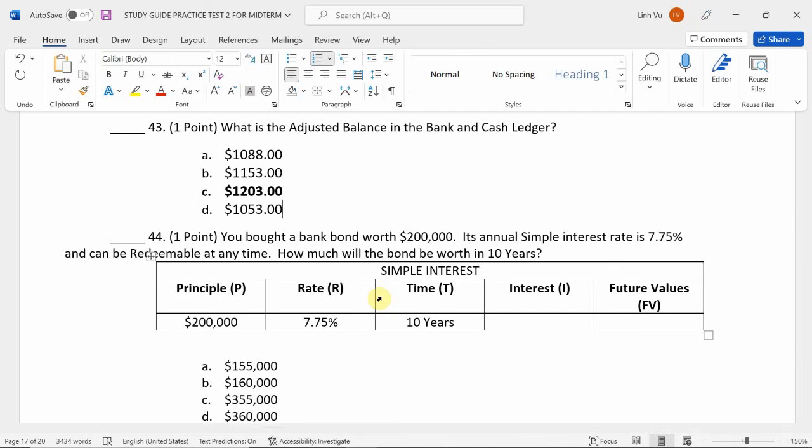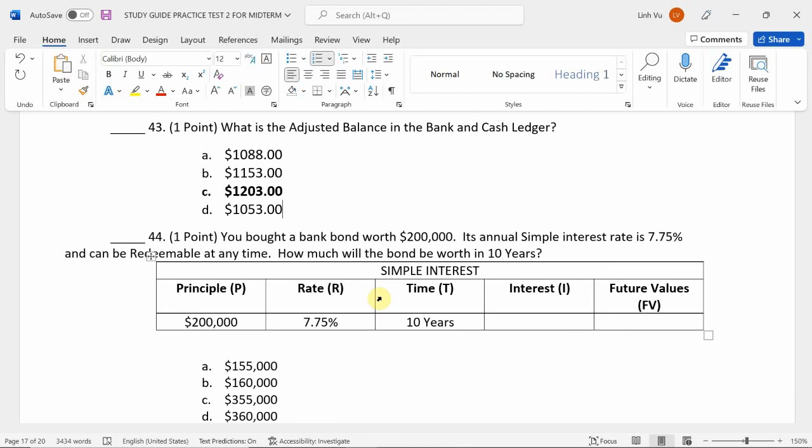So moving on to question 44 here. You bought a bank bond worth $200,000 and its annual simple interest rate is 7.75%, okay, and can be redeemable at the end at any time. How much will the bond be worth in 10 years?